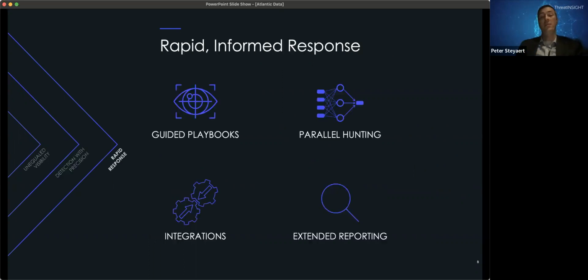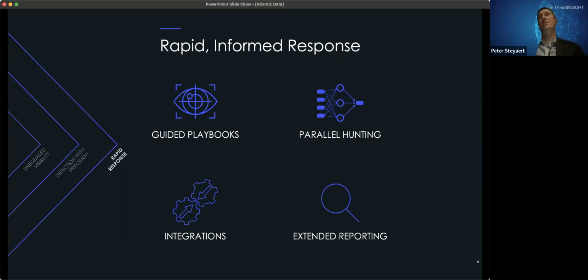Going further, right, we look at the availability of guided playbooks. Not everyone is going to be an expert looking at the data moving forward, right? They need to be able to quickly pivot and look for unusual user agents in an environment, looking for maybe just something as simple as log4j, right? What queries do I need to run?